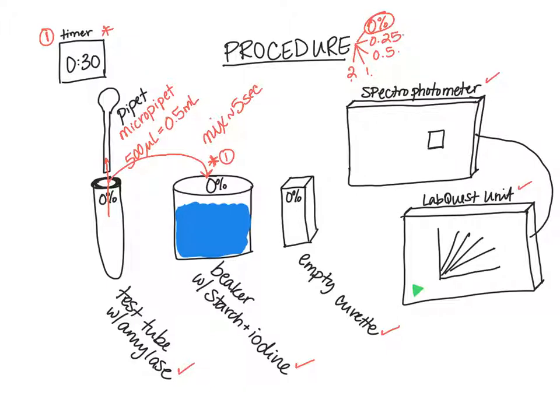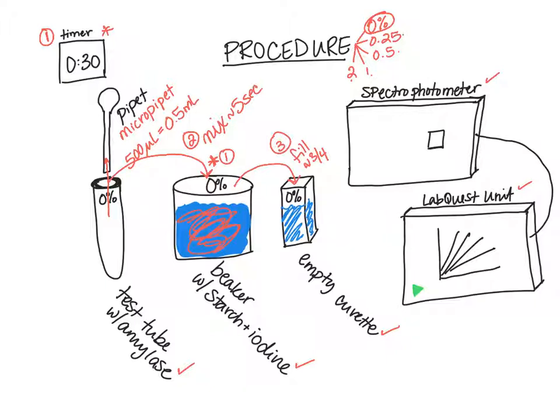All right, so you don't have to mix it for very long, but about 5 seconds, just kind of swirl it around and mix it. And that's our second step. Our third step is to transfer some of that liquid into the cuvette. And we're going to fill it about 3/4 full. All right, so we're going to transfer that there.